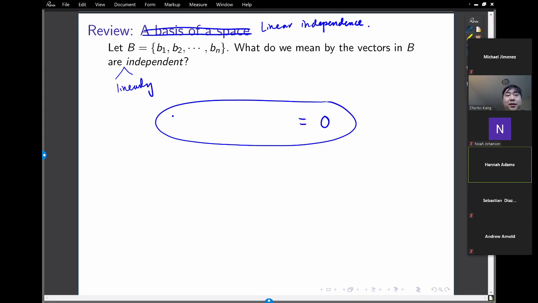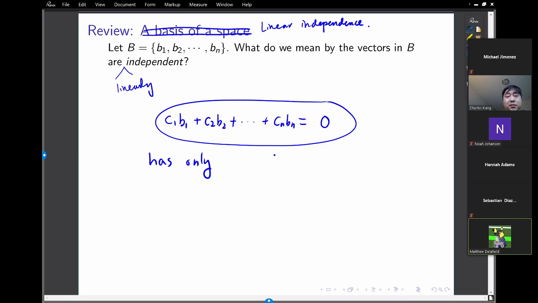C1 B1 plus C2 B2 up to Cn Vn. This equation has only the trivial solution. Zero solution. Doesn't mean no solution, zero solution.